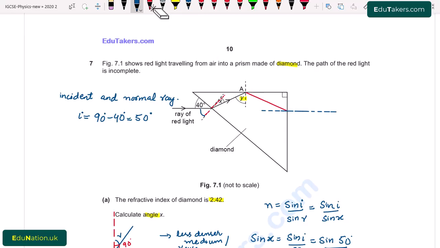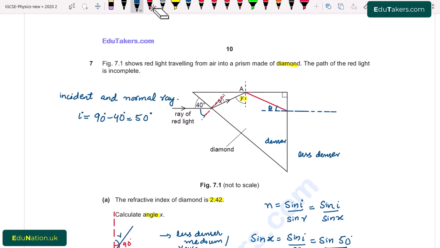So what will happen, this ray, there is an angle, let's suppose it is theta. So when this ray comes out of the prism, inside is a denser medium, outside is less dense medium. So what will happen to the path of ray?